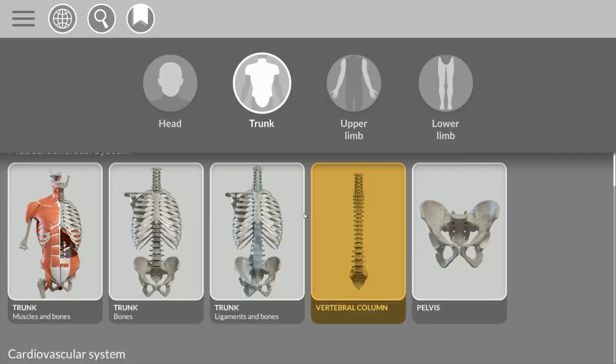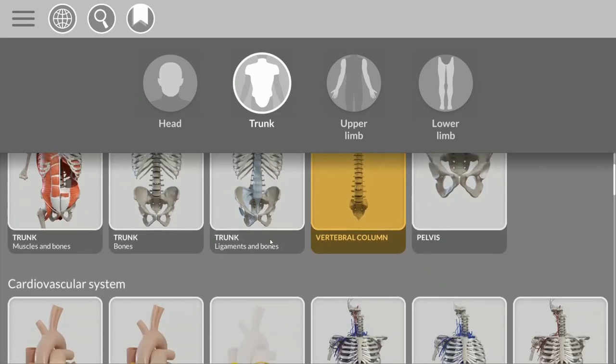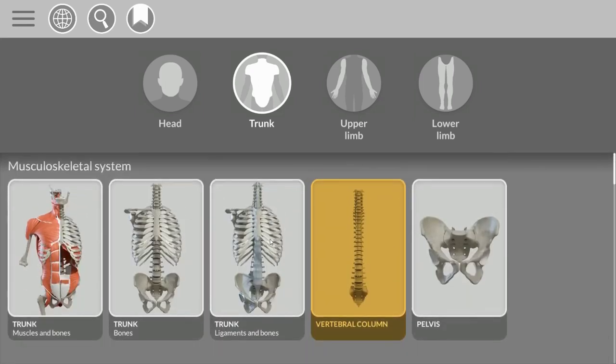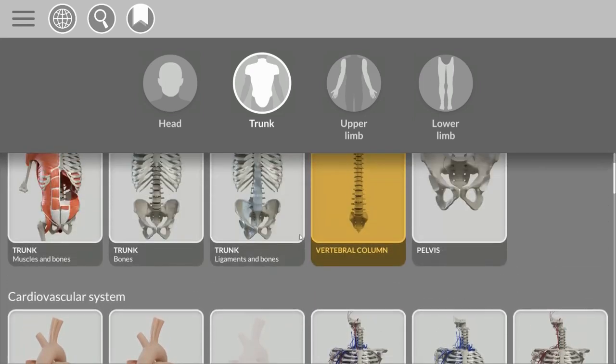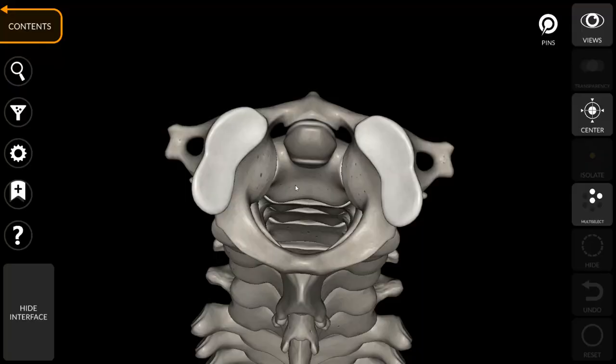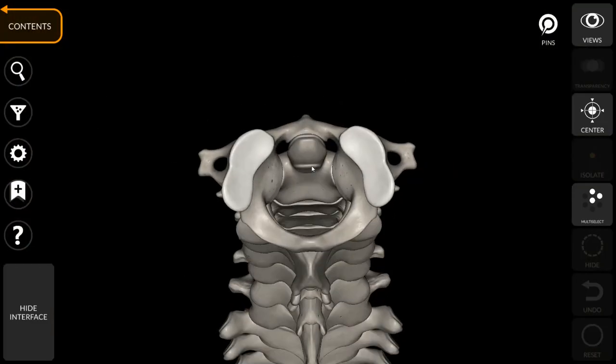If you observe closely, class, this articulation between C1 and C2, by the dens and the anterior arch of C1, we call the atlanto-axial joint. Atlanto refers to the atlas, axial refers to the axis.